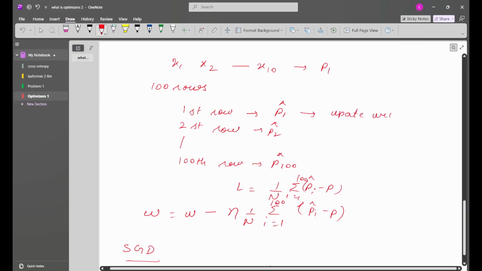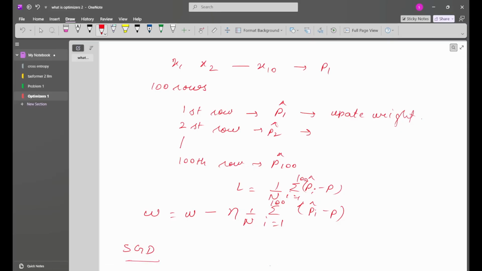In the first iteration, we predict a price and update our weights. Then in the second iteration, our prediction will be slightly better because we updated weights. Again we update weights, and so 100 times in one epoch.